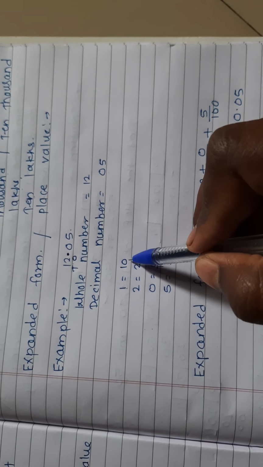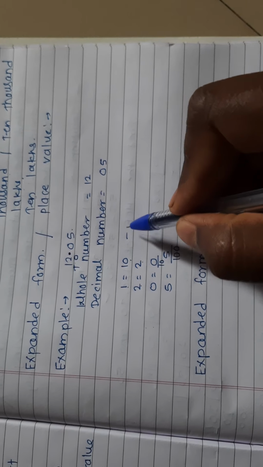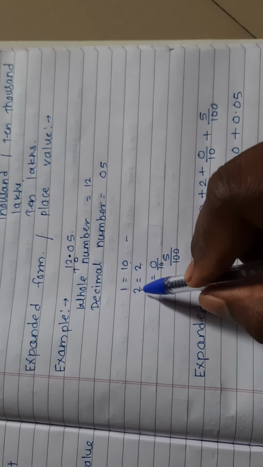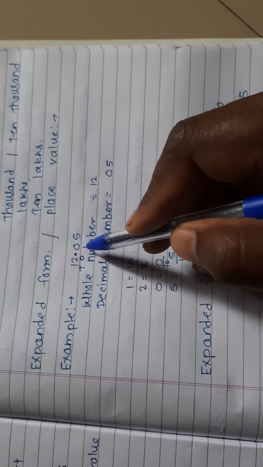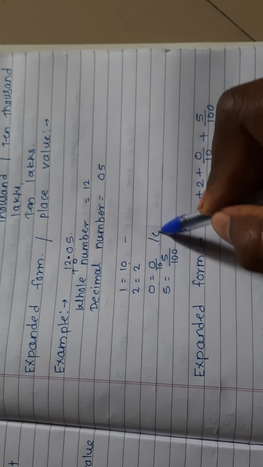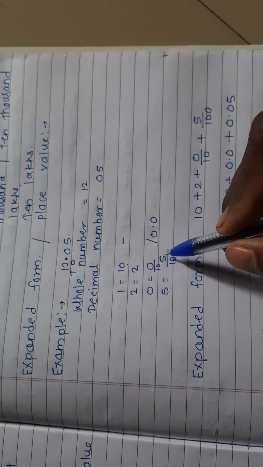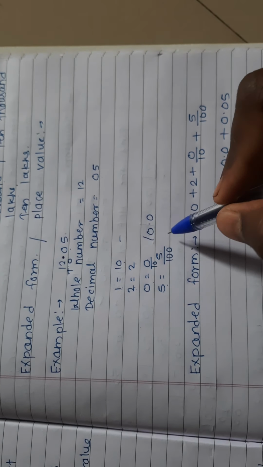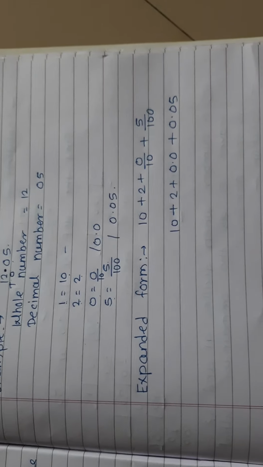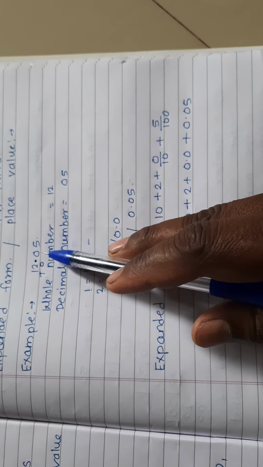So 1 is equal to 10 and 2 is equal to 2, because this 1 is in the tens place and this 2 is in the ones place. Then 0 has the value 0 upon 10, that is 0.0. Then this 5 has the place value 5 upon 100, that is 0.05. Then how to write this number in expanded form?